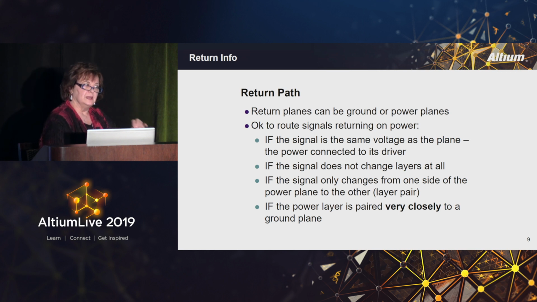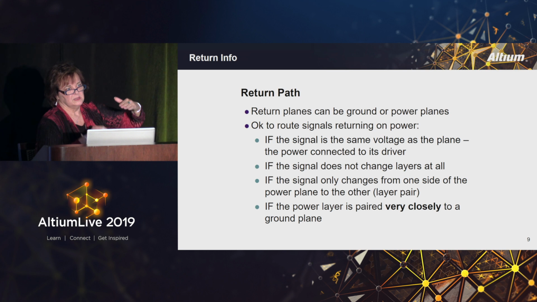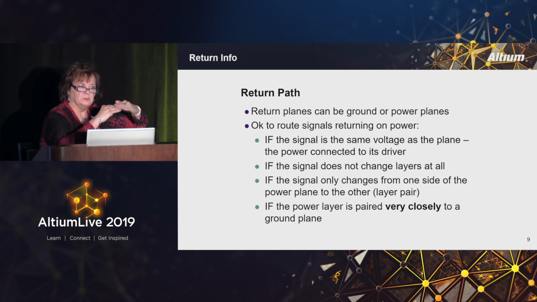But it's not a good idea to do it that way, because it's always a good idea to have a ground plane next to a power plane, so that's not really a good return path either. Or if the signal only changes from one side of the power plane to another, or if it changes to a very closely set up pair of power and ground planes. And we'll talk about that in a few minutes.